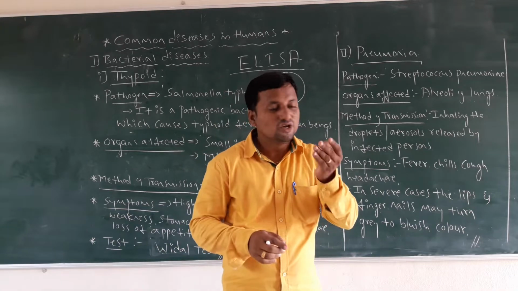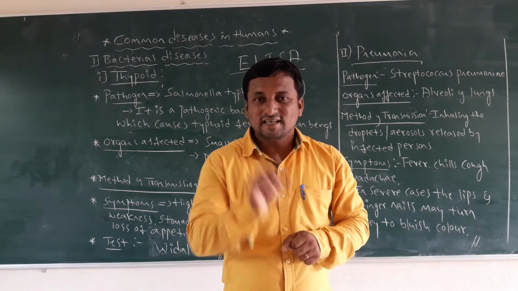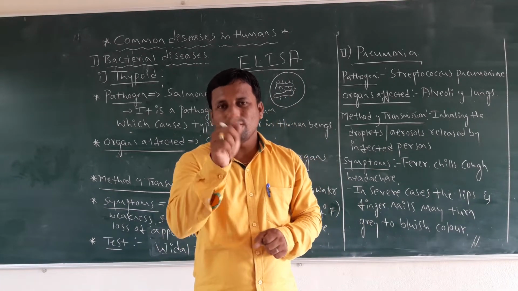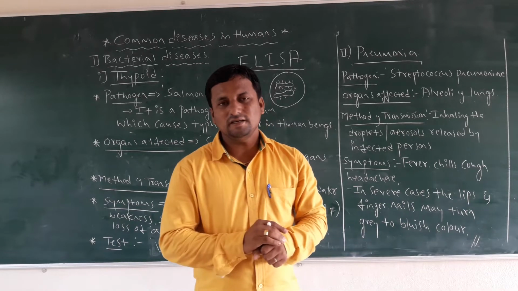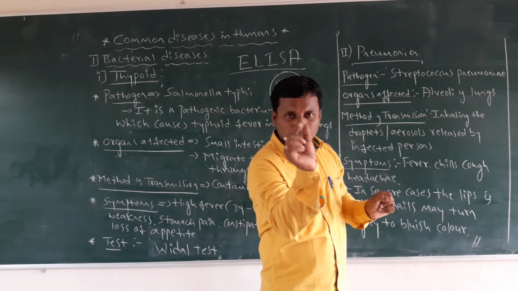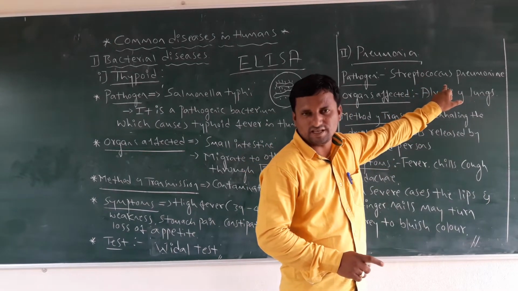We know there are comma shaped bacteria, spring shaped bacteria, rod shaped bacteria, and oval shaped bacteria. We commonly call the circular shaped bacteria cocci. In that, the almost circular shaped bacterium is called which one? Streptococcus pneumoniae.